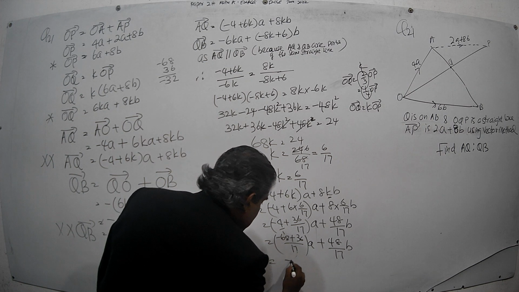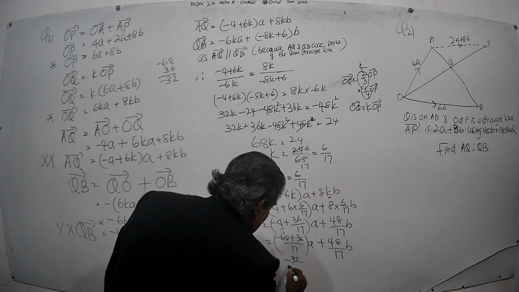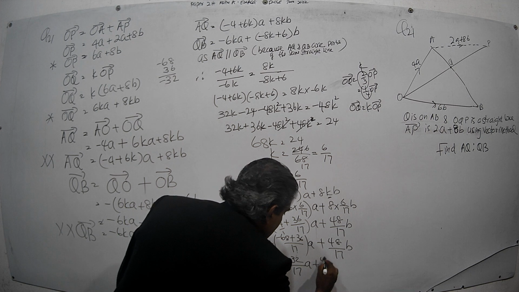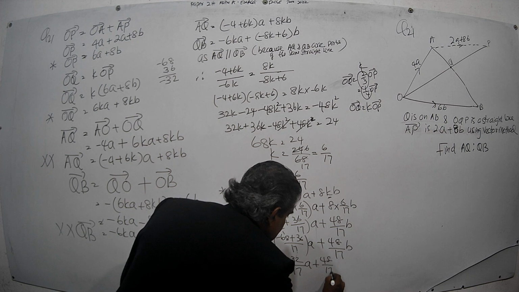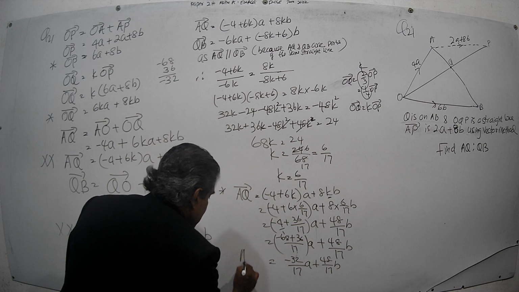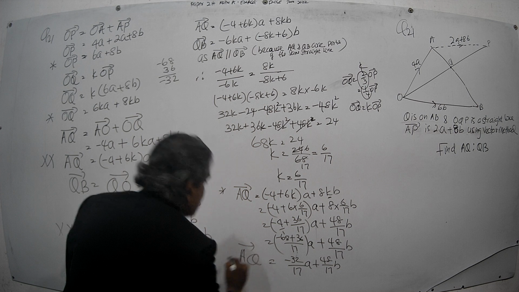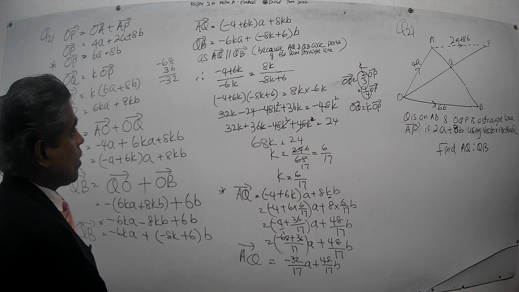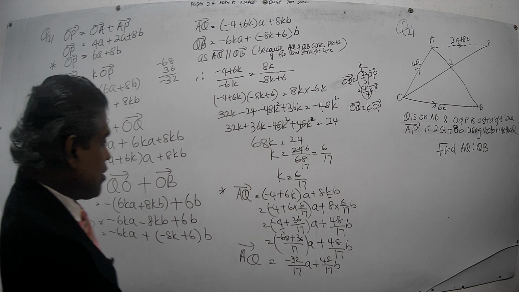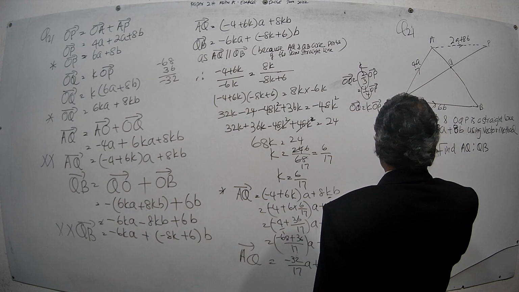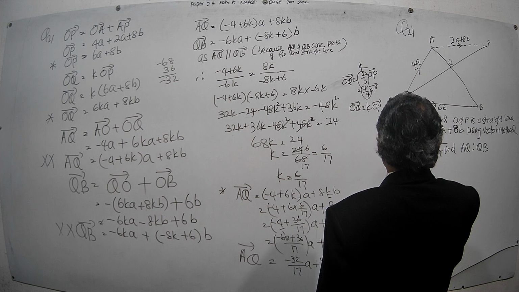This will be minus 32 over 17 a plus 48 over 17 b. Okay, that is what we have got ultimately, vector AQ. Okay, right, vector AQ is that much. Then I will write here vector AQ. Okay, vector AQ, how much?